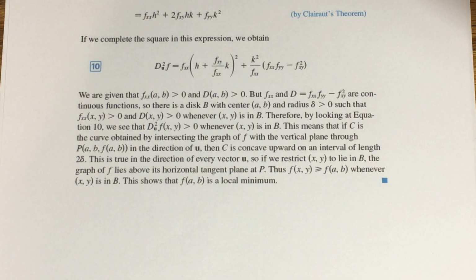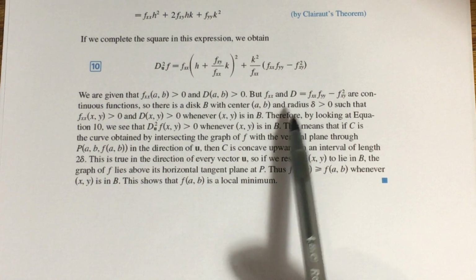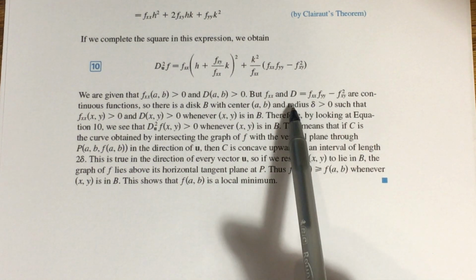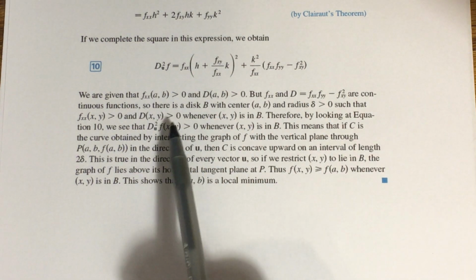Now, we're going to use a result that I can motivate, and I'm going to show you a little picture that I drew to kind of motivate it. We're assuming that those second partial derivatives are continuous, which would also imply that D is continuous. And what that implies is this.